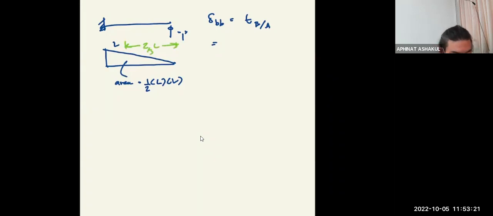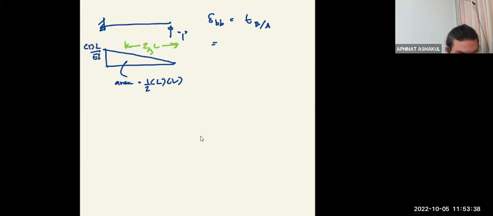So here delta BB becomes over EI as well. The height is L because 1 multiplied by L over EI.